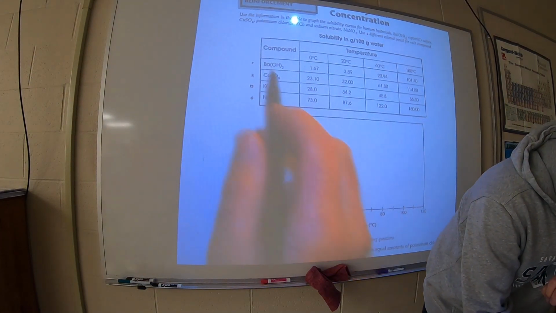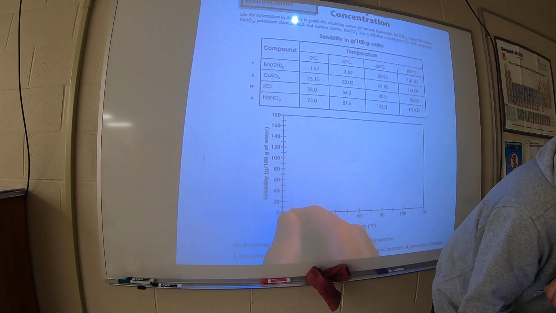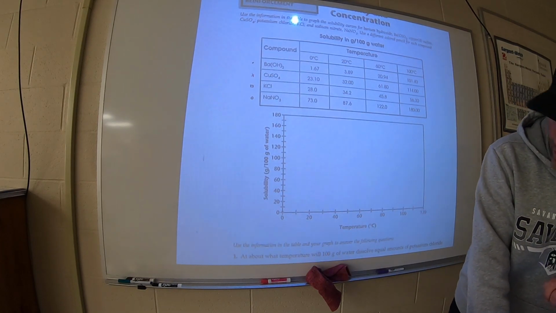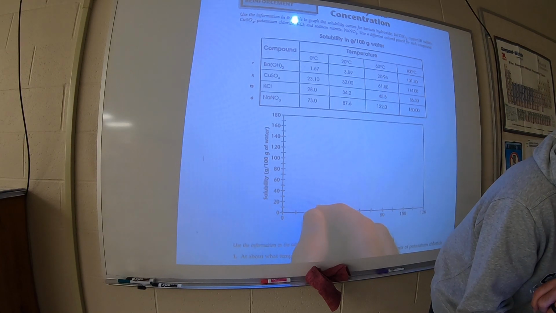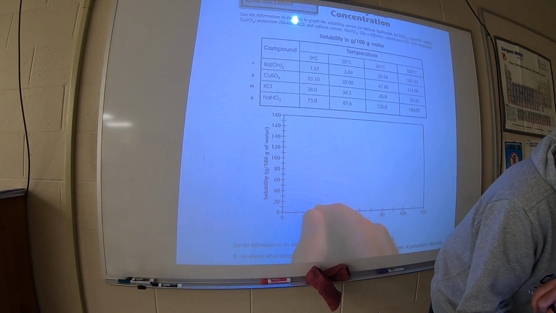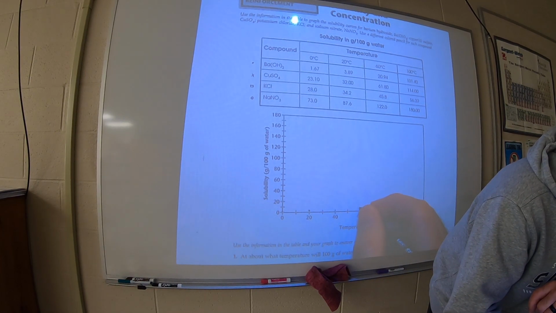So let's just plot barium hydroxide, 1.67 at 0. So that's going to be down here, almost on this line. Then at 20, it's 3.89, so it hasn't risen very much. At 60, it's 20.94.